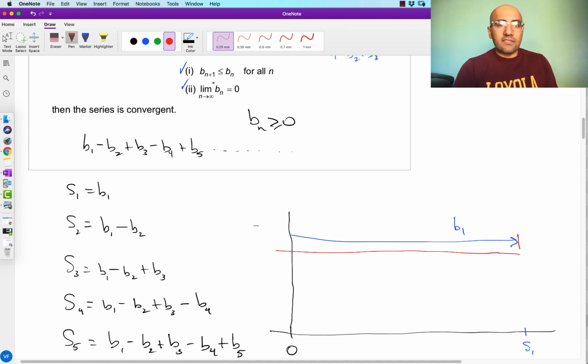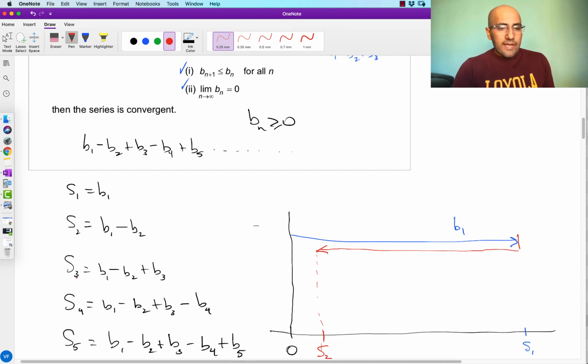So b sub 2 has to be smaller than b sub 1, so I can't go out that far. So it's going to go back somewhere, but not all the way back to 0, right? So it's got to be somewhere in between here. So let's just say that it's somewhere around there. So this is where s sub 2 would lie.